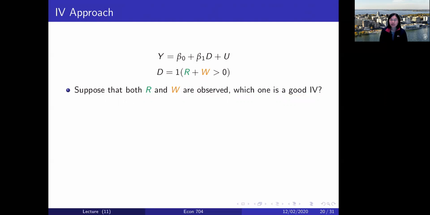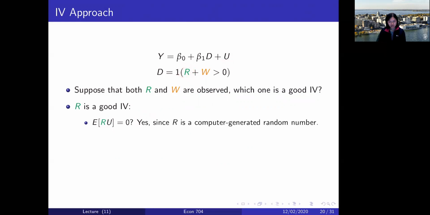Well, we can look at them one by one. We can first look at R. Does R satisfy the exogeneity condition? Oh, yes, it does, because it is a computer-generated random number. It's not generated according to anything that's maybe related to the individual. So R satisfies the exogeneity condition.